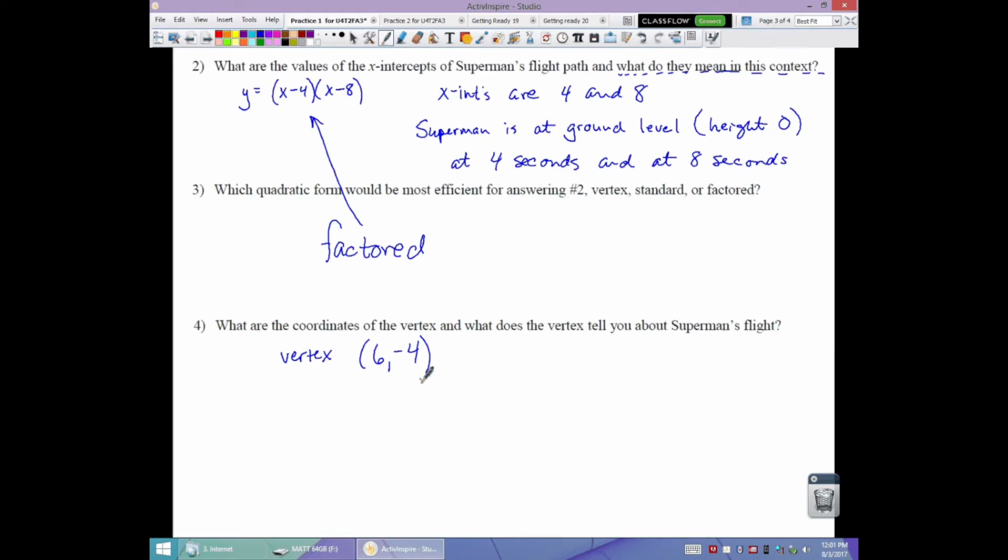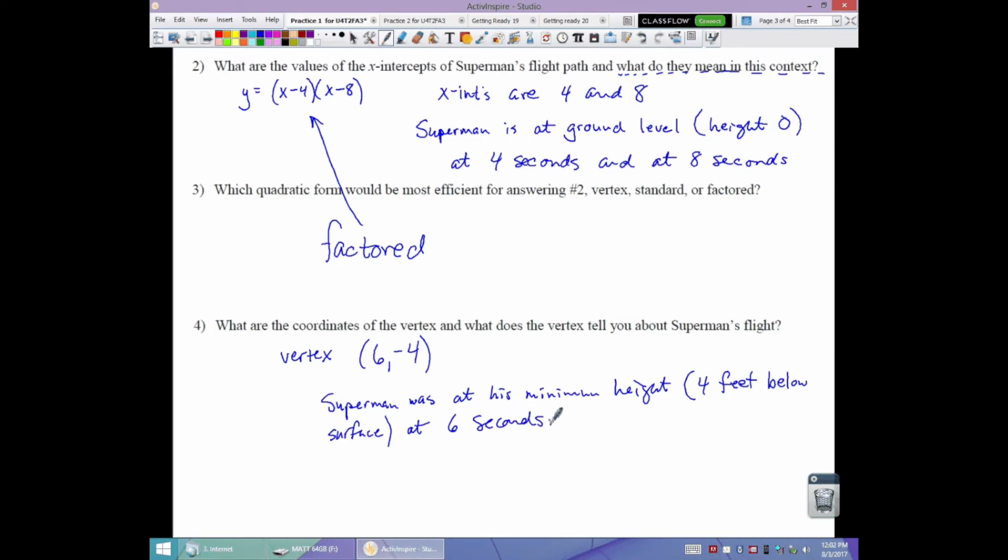What does that tell you about the flight? Superman reached his minimum height, his lowest, his furthest underground. Okay, so 4 feet below the surface at 6 seconds.